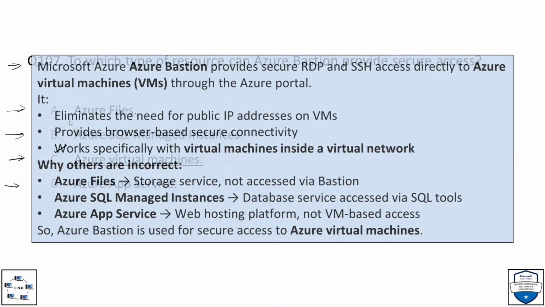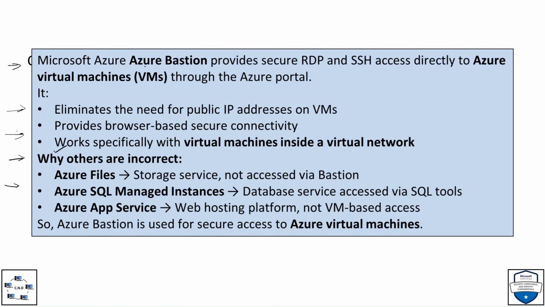And the explanation is, Microsoft Azure Bastion provides secure remote desktop protocol and SSH access directly to Azure Virtual Machines through the Azure portal. It eliminates the need for public IP addresses on VMs, provides browser-based secure connectivity, and works specifically with virtual machines inside a virtual network.